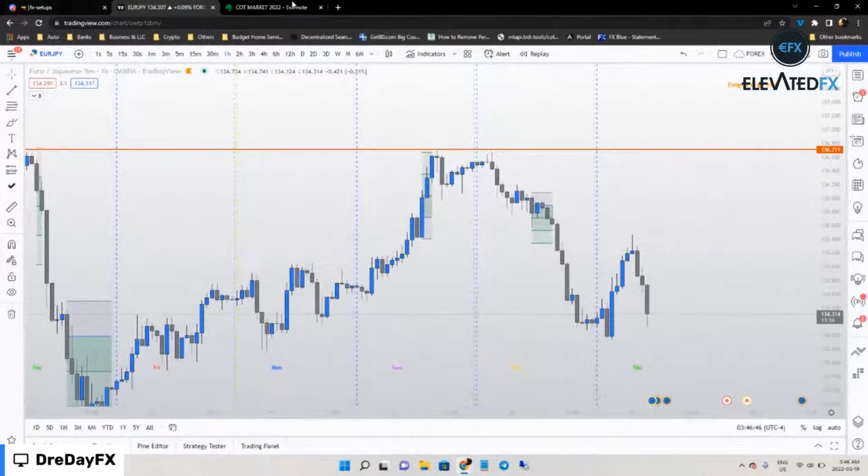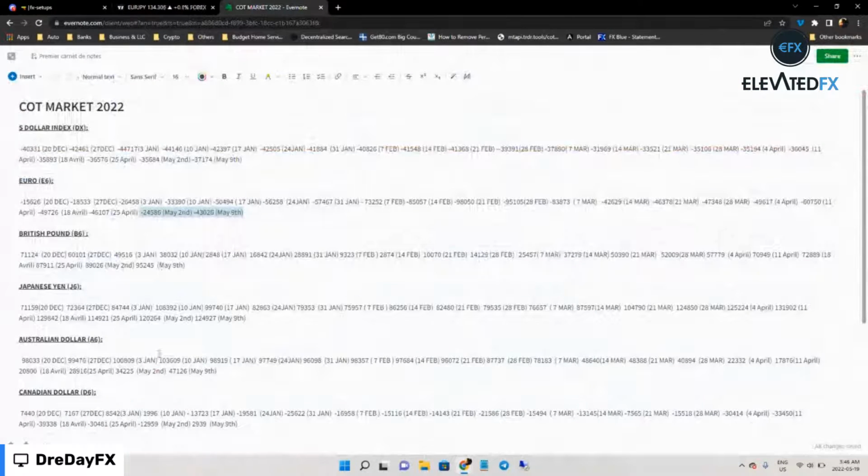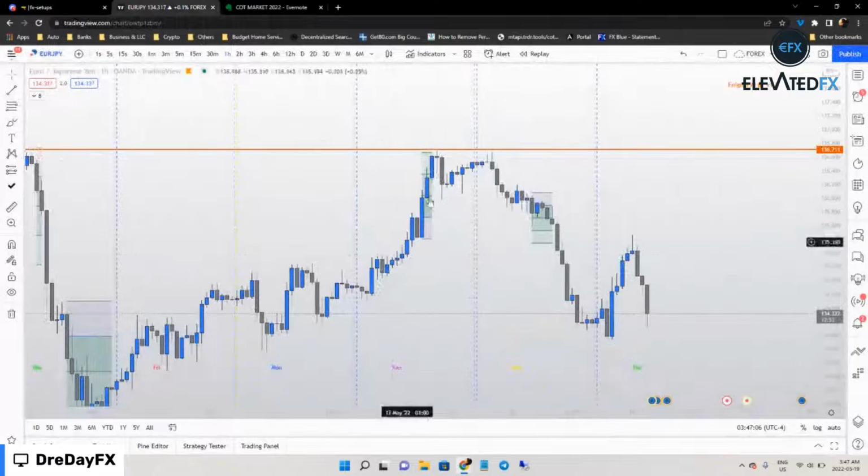So if we look at the Euro JPY, so JPY here was 4,000, still, what was it? 19,000, right? So we expected big movement here for the week, and that's exactly what we had.